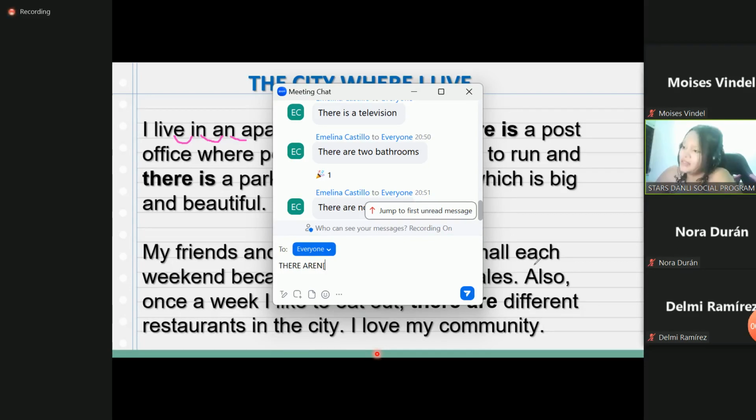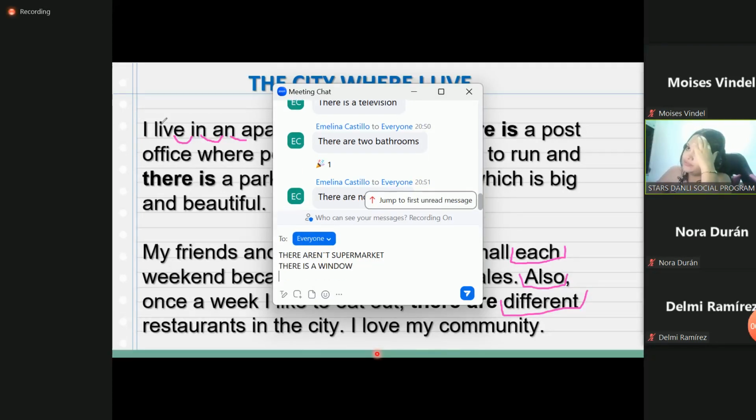Also, no es also, sino also, once a week, I like to eat out. There are different, not different, sino different restaurants in the city. I love my community. Recuerde each weekend. Also, different, apartment. We say near, and I live in an apartment. Okay, I live in an apartment. Y podemos ver Miss. reflejado, ¿sí?